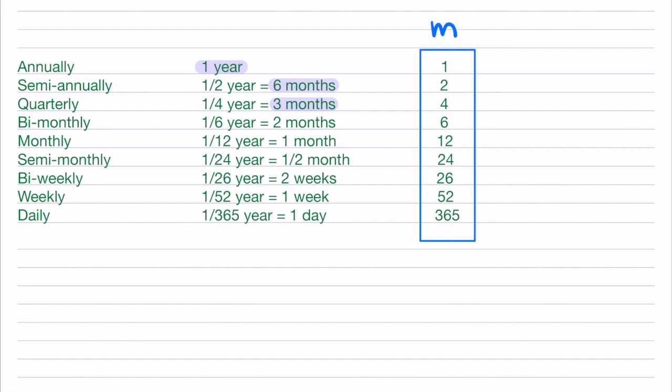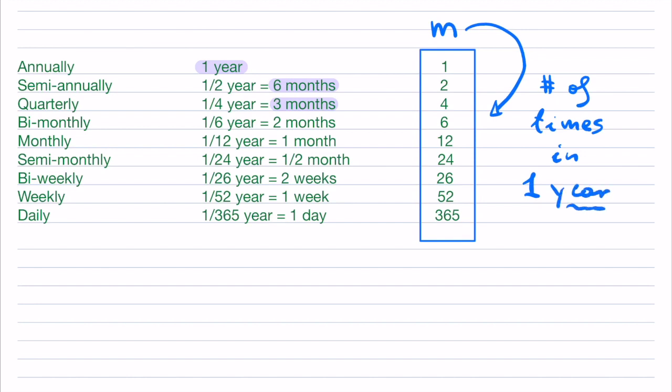It doesn't have to be because it depends who is teaching this. I will refer to it as just a little m for shorthand, and what it means is how many times do you compound per year? So the number of times in 1 year.